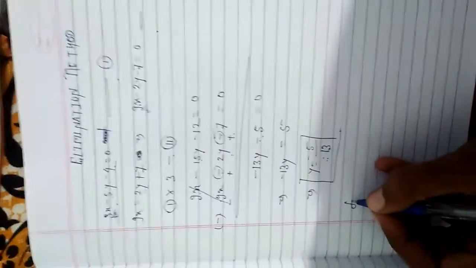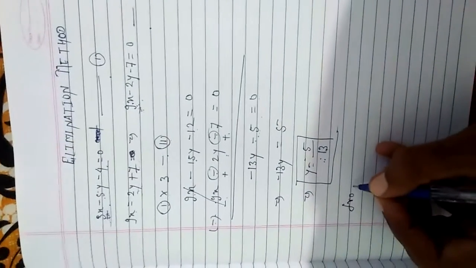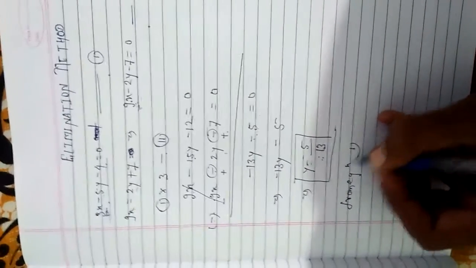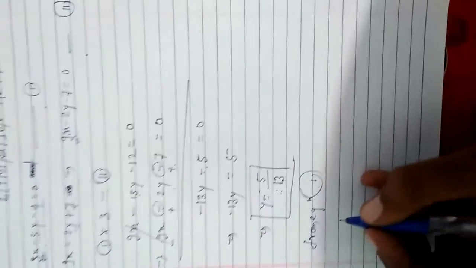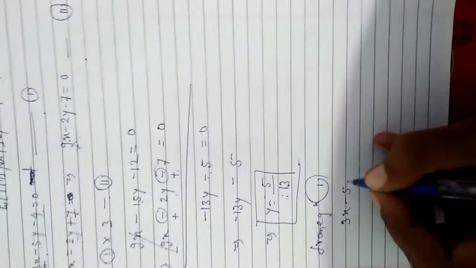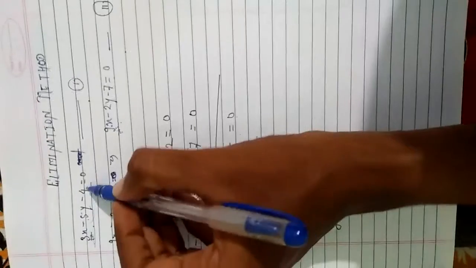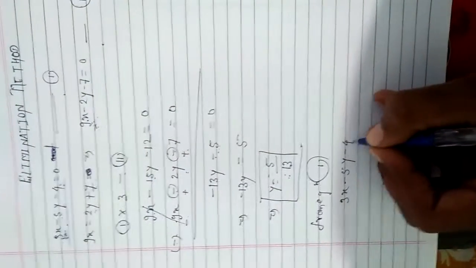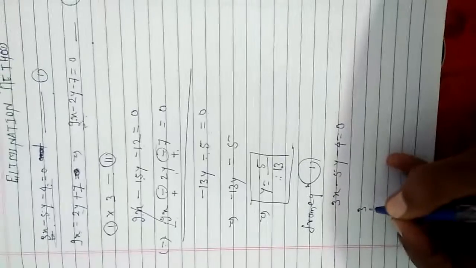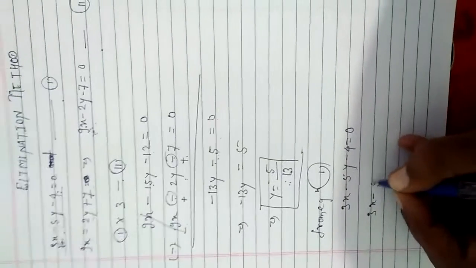So from equation 1, okay, from equation 1, what is our equation? 3x minus 5y minus 4 equals 0. So here 3x minus 5y is what?